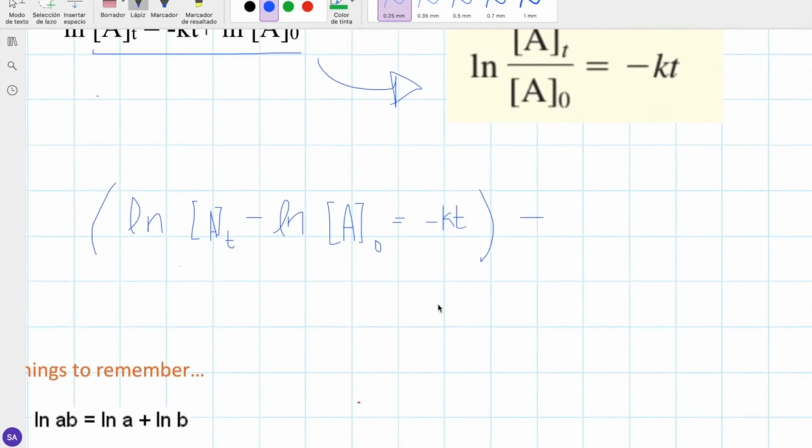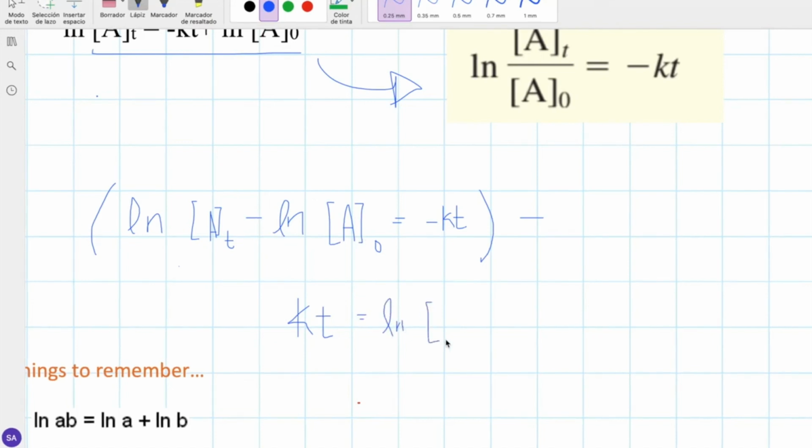And from there, this is a personal preference, I guess. I like to cancel out the negative signs because I don't like working with those. So I would just go ahead and multiply everything by the negative sign.